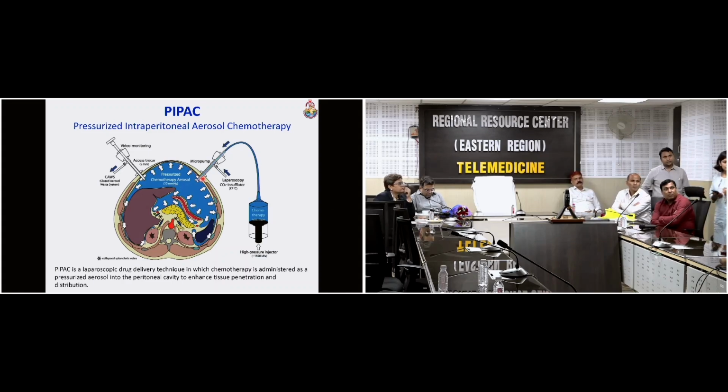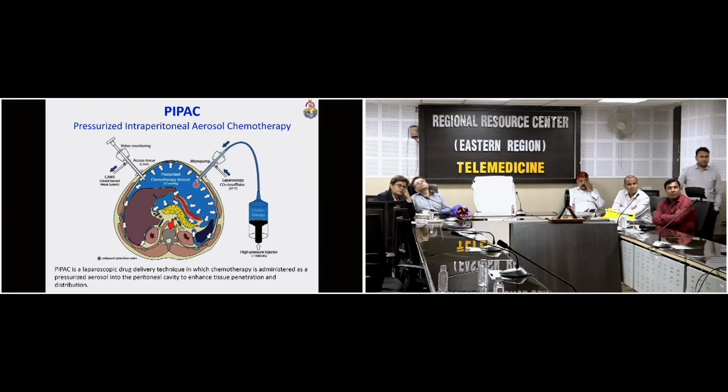So the speciality here is that these trocars are not normal trocars; they are balloon trocars. I'll show you in a while also in the demo. These are small balloons. The function of these balloons is to hold this port tightly without any air leakage, which is of paramount importance in PIPAC.